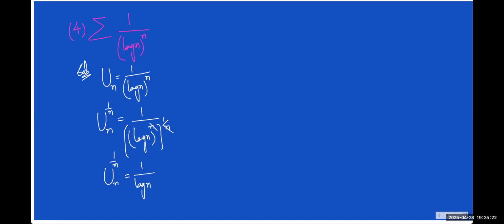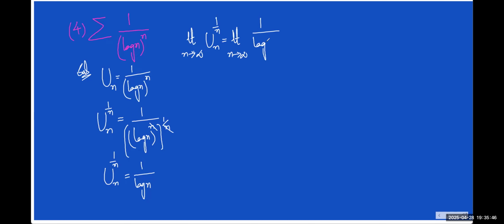Now taking limit, if you apply the limit, here I'll write limit n tends to infinity un to the power of 1 by n is equal to limit n tending to infinity 1 by log n.